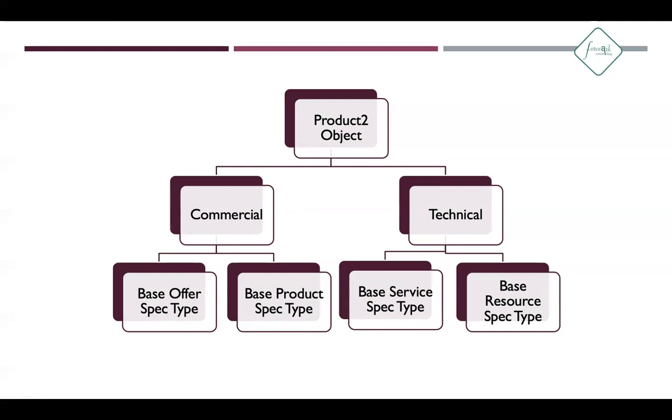So if you go for, say, a broadband offer, it will have different product specs within that. So there is a data product, and you may also want to attach a voice over IP product as well. So these are my two product specs.